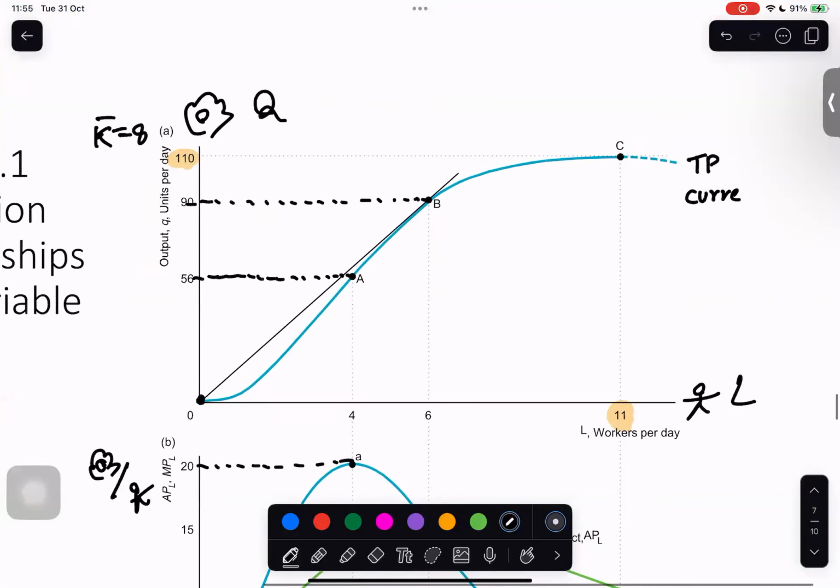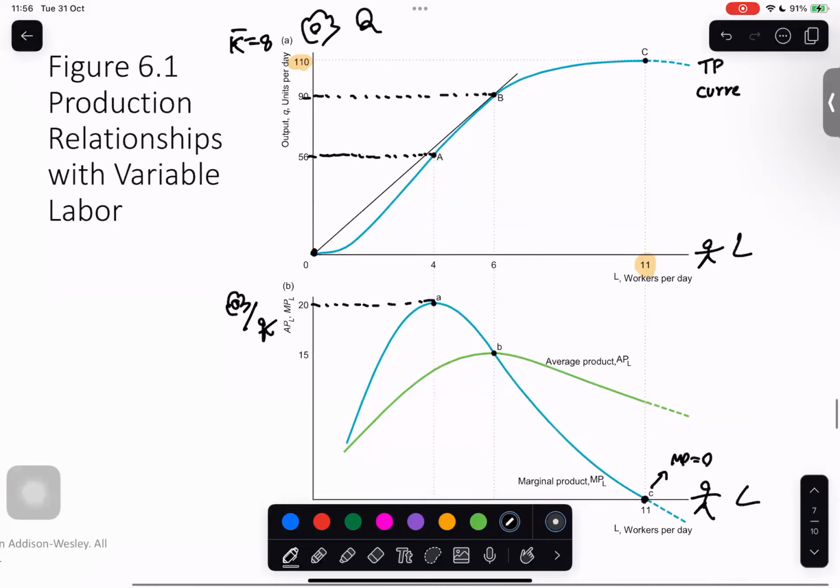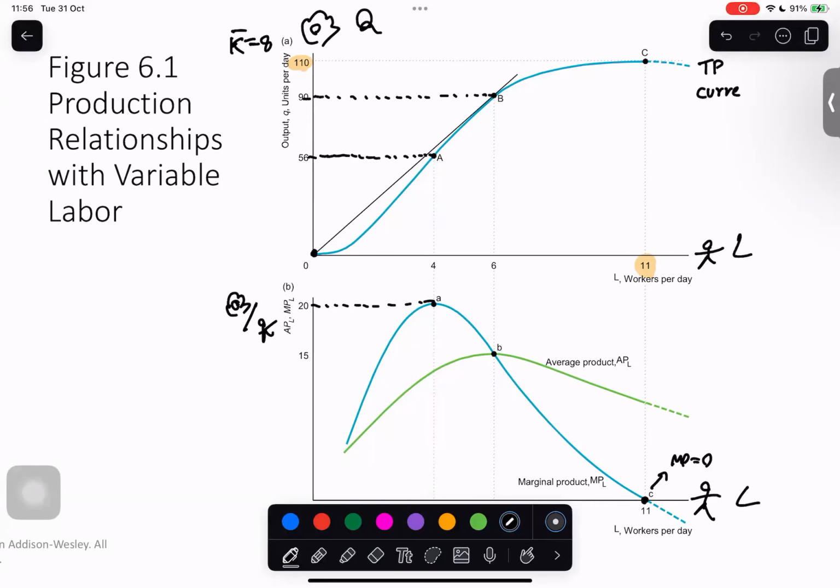So when we plot, we have to make sure that the two pictures consistent. The peak of TP mountain occur at 11. Then when we draw MP, it must cut horizontal at 11 as well. Correspond with each other. Okay.